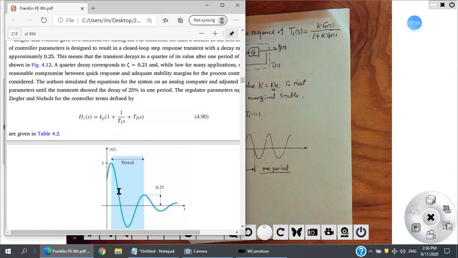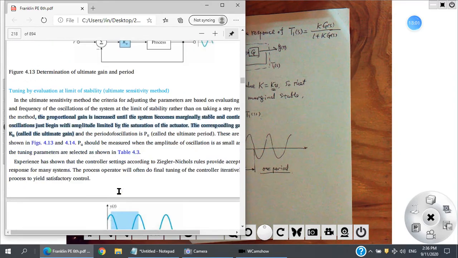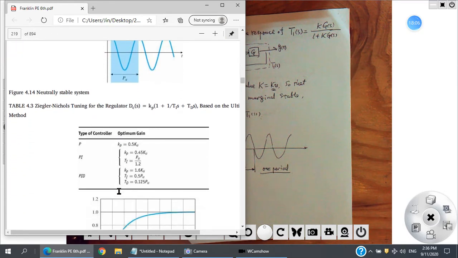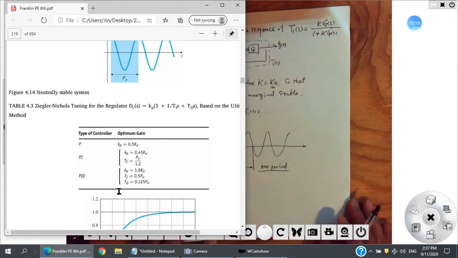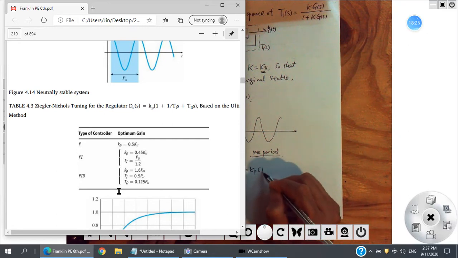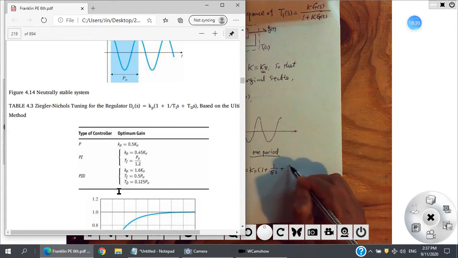This table. Then by the table, for the controller we still use this notation, D of S, which is Kp times 1 plus 1 over TIS plus TD times S. We still use this notation.